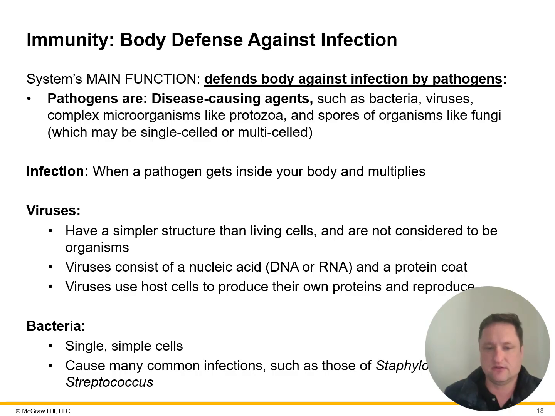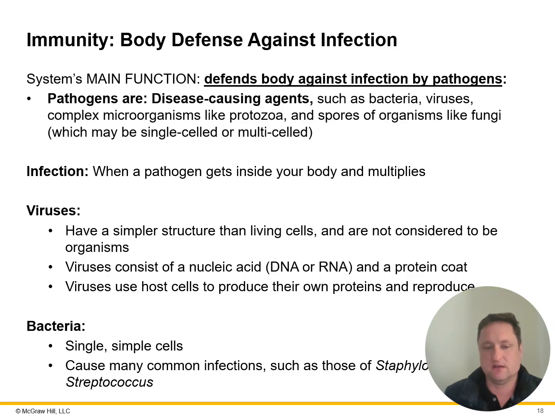Viruses have a simple structure that consists of a nucleic acid, could be DNA or RNA, and then they have a protein coat. So what they will do is get into our cells, and that will help them produce their own proteins to reproduce.